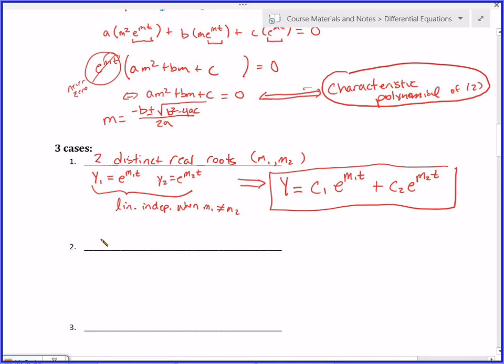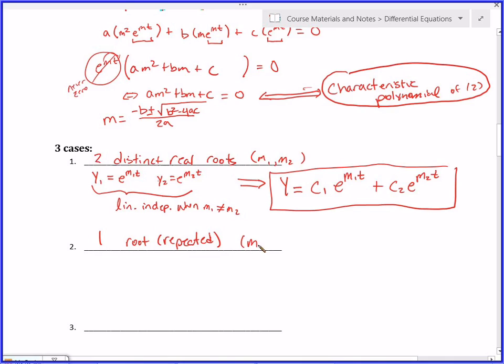All right. What about if the discriminant is 0? One single root, okay? Or what we sometimes call a repeated root, because if we were to factor this thing, it's a binomial squared, because you get the same root twice. Okay, so you have one root repeated.